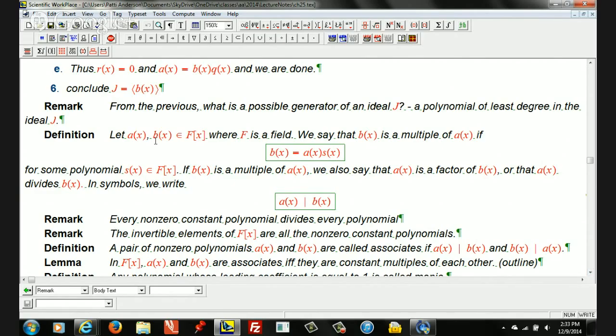Okay, so let a and b be in our polynomial ring F[x], where F is a field. We say that b(x) is a multiple of a(x) if b(x) equals a(x) times s(x), where s(x) is in F[x]. And if b(x) is a multiple of a, we also say that a is a factor of b, or that a divides b. In symbols, you can write that with a vertical line.